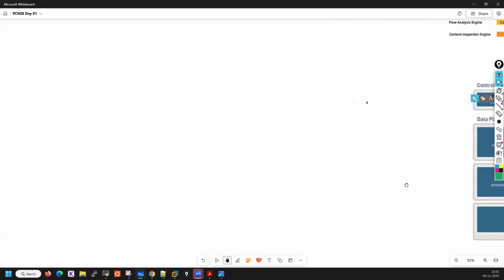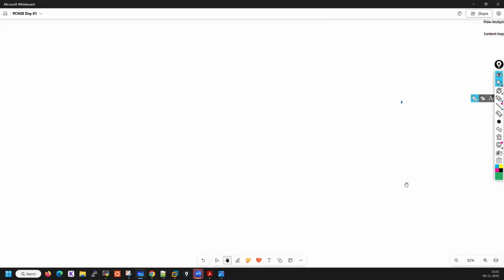Okay, so now let me draw the block diagram of the Palo Alto Firewall. Let's suppose we have a PC here having IP address 10.1.1.90.